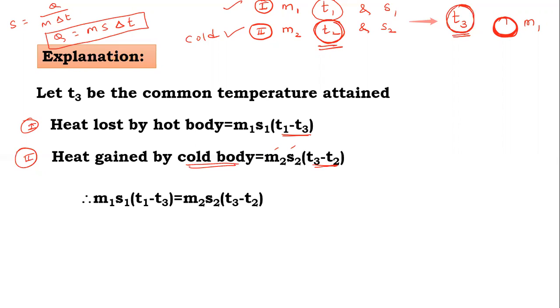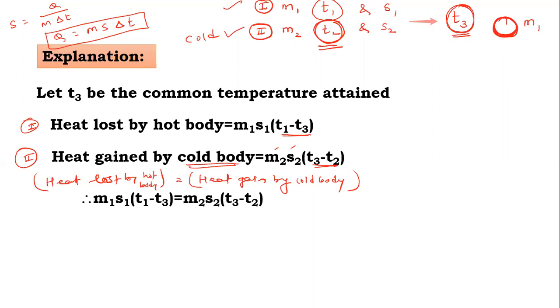Now we can write that heat lost by the hot body is equal to heat gained by the cold body. By the principle of calorimetry, heat lost is equal to heat gained.